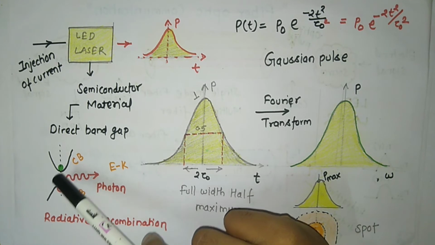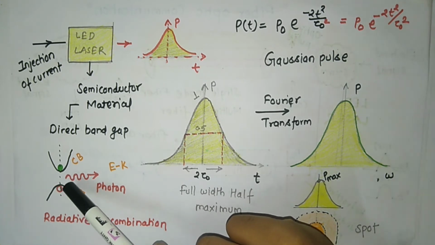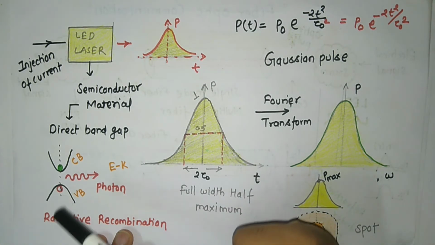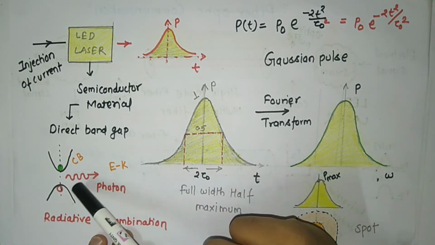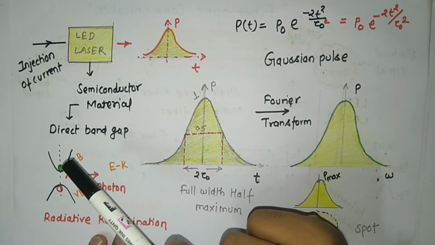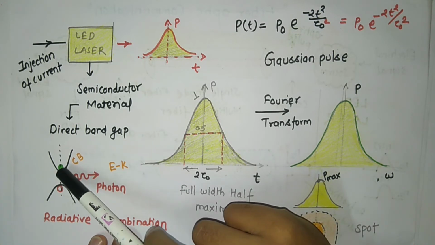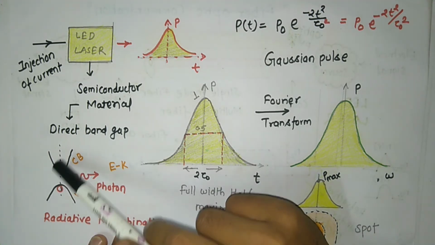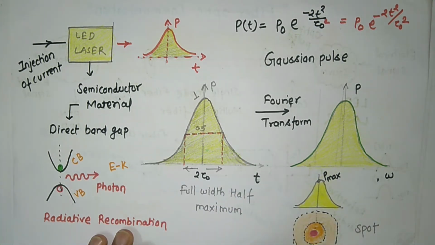You can see the minima of conduction band and maxima of valence band. Minima of conduction band and maxima of valence band are in same line, then we say it's a direct bandgap semiconductor. What is the condition? Minima of conduction band and maxima of valence band must be in same line, then we say it's a direct bandgap semiconductor.